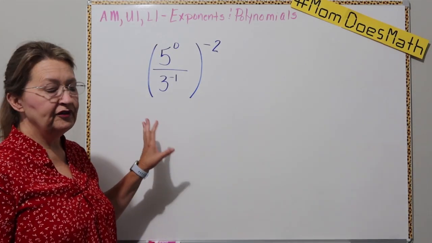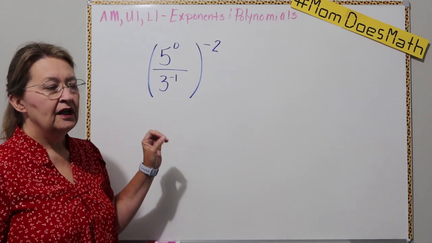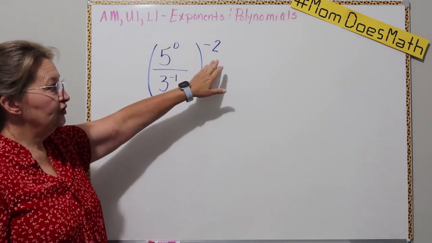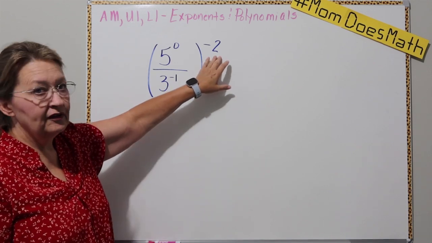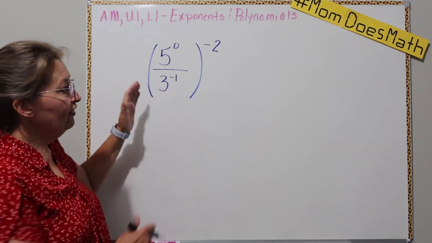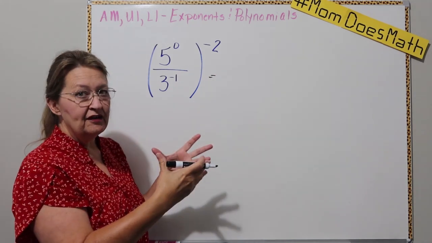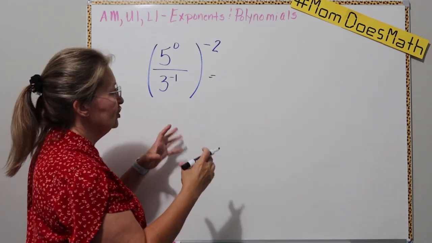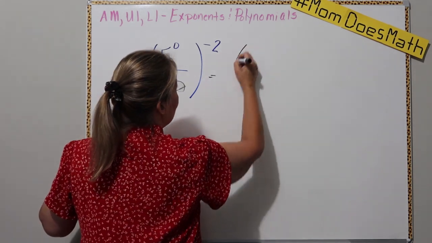Problem 2 is a perfect example of one that you can go at from a lot of different directions. So I'm going to start first. One of the things you need to take care of is your negative exponents. So I'm going to take care of this one first. When you have a whole fraction that is raised to a negative exponent, the easiest way to change that to a positive is just to flip the whole fraction.